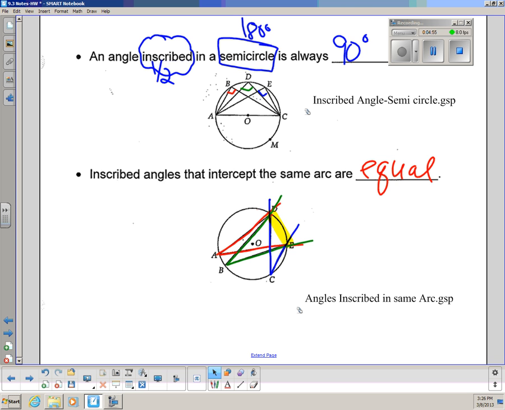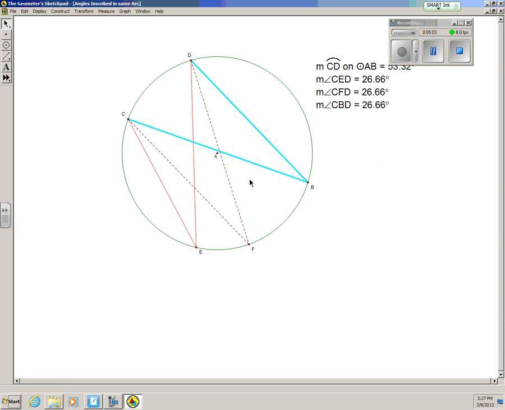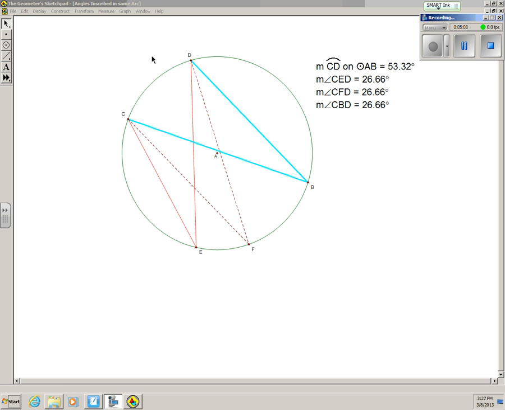So we'll do a quick look at this. Let me move this for a second. So this arc CD happens to be right here. This arc happens to be 53 and change. Well, look at the angles. This red angle CED is 26.66.